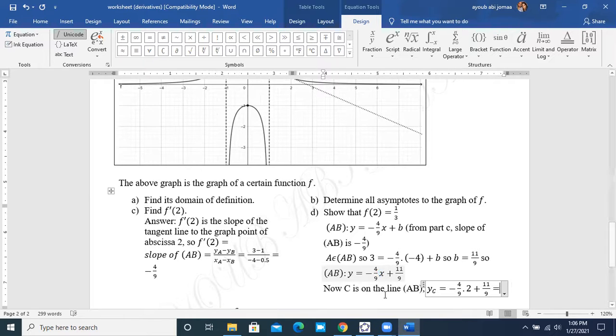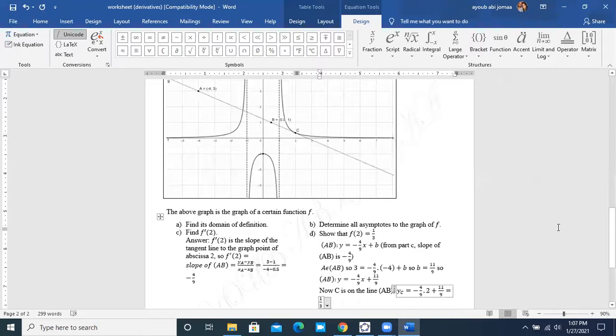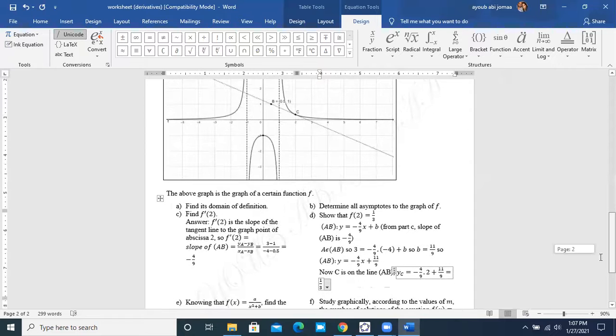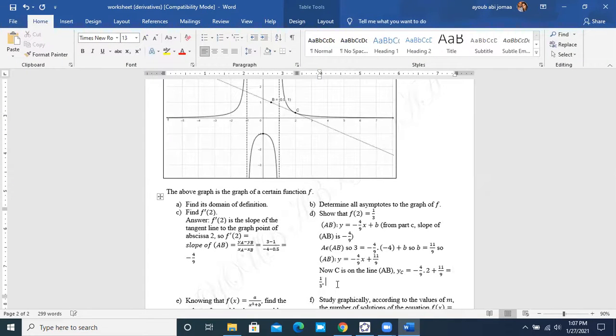It's negative 8 plus 11, so 3 over 9, which is 1 over 3. So y of C is 1 over 3. But you know that any point on the graph has coordinates x, f of x. Therefore, f of 2 is equal to 1/3.